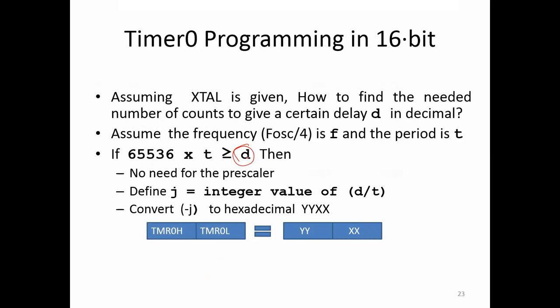What is the delay max in 16-bit mode? The delay max equals our period T multiplied by the maximum number of counts, which is 65,536. If our delay is less than the delay max, there is no need for the prescaler.